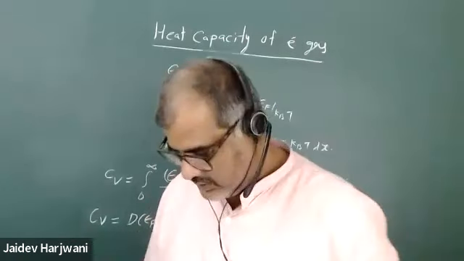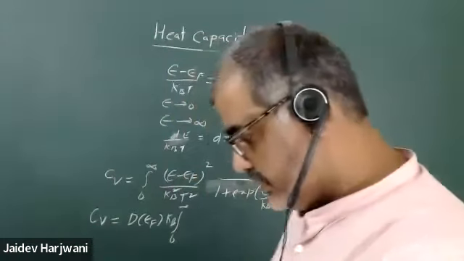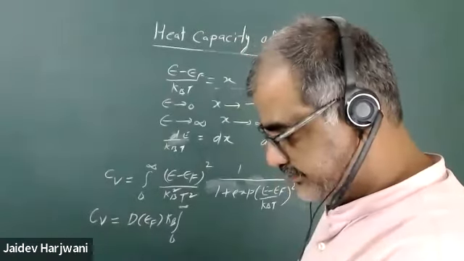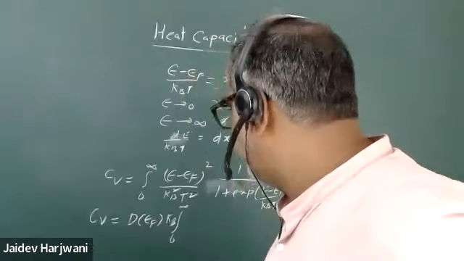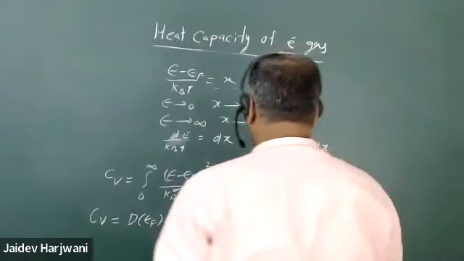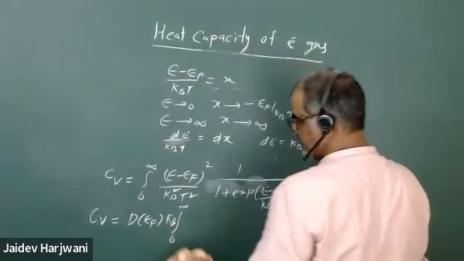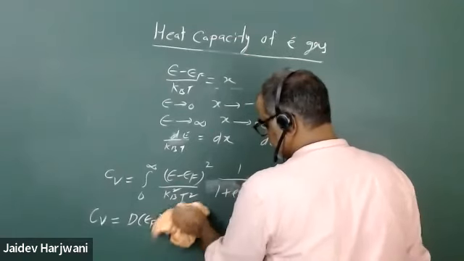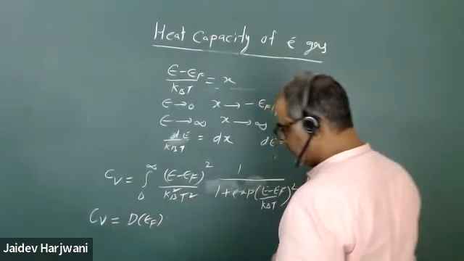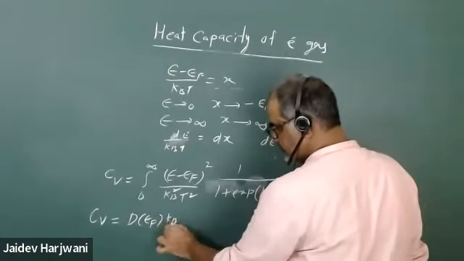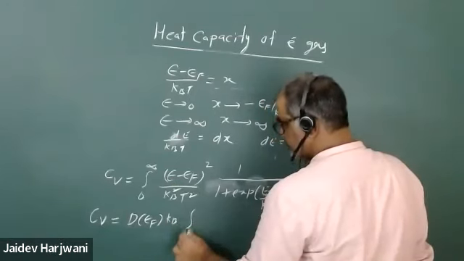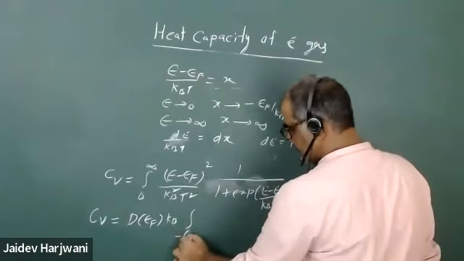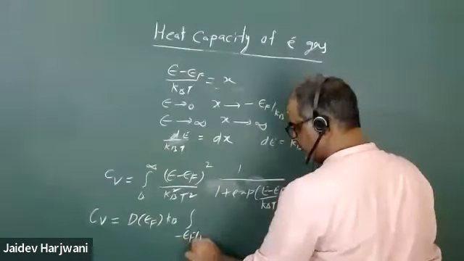Now let me put these values and simplify. So I have this k_B outside, this becomes x square, the limits become minus E_F upon k_B T and infinity, and then I have x square.